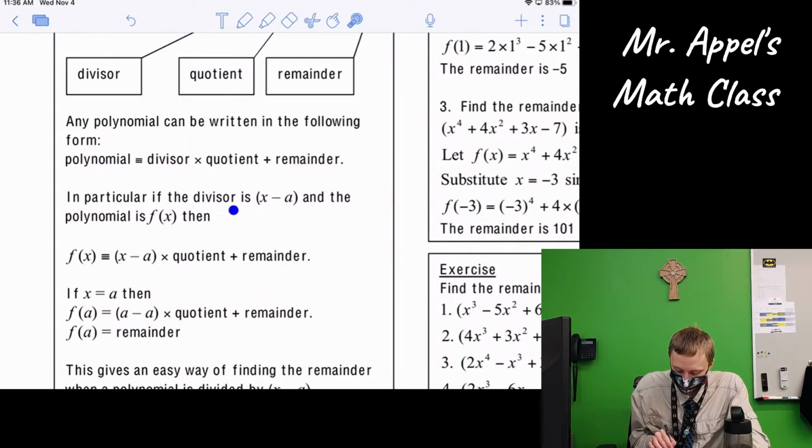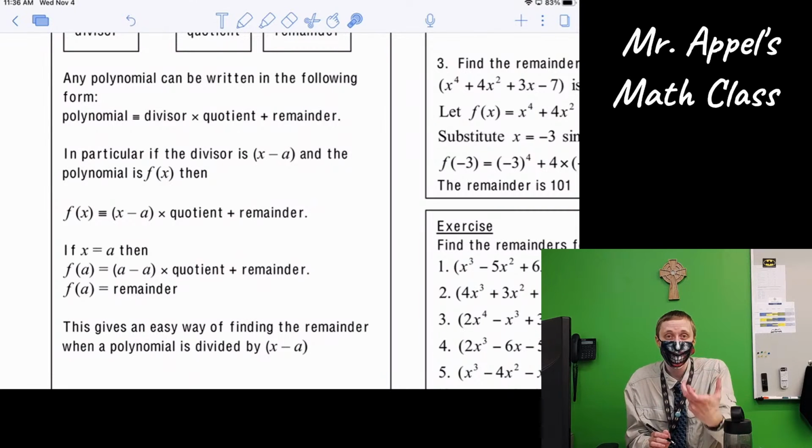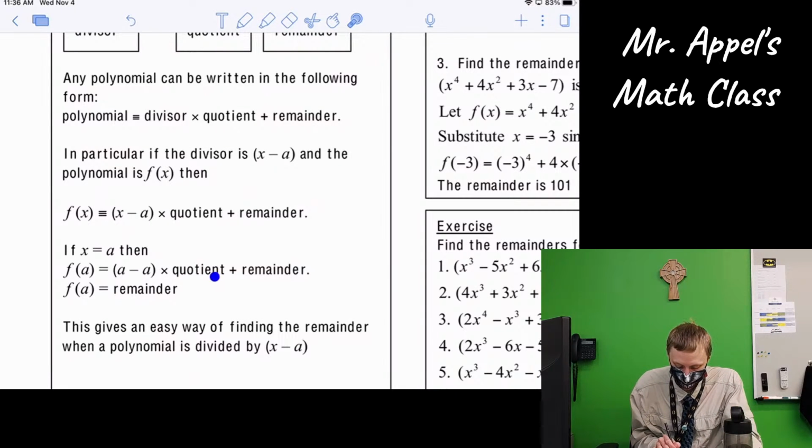So that means the divisor is x minus a, and the polynomial f of x would be defined as x minus a times whatever quotient, plus the remainder. If I set x equal to a, look what happens. A minus a is 0, and boom, times the quotient, it vanishes, just the remainder.